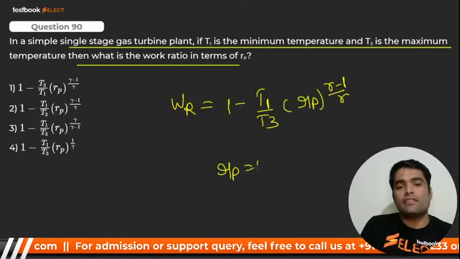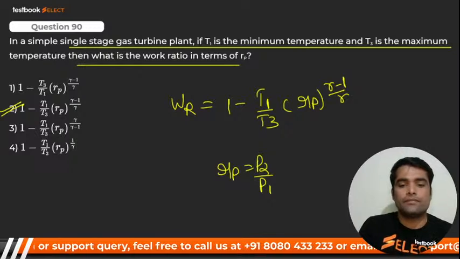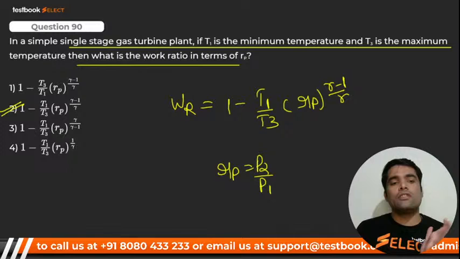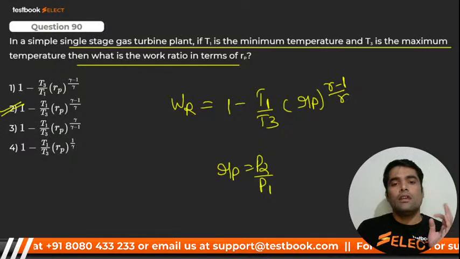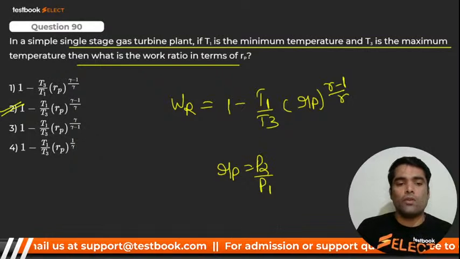RP is what बच्चा? It is none other than P2 by P1. So option number 2 is correct. Ankit Pandey, it's not 1, it's not 3, it's 2, very good. Here we go for next point.